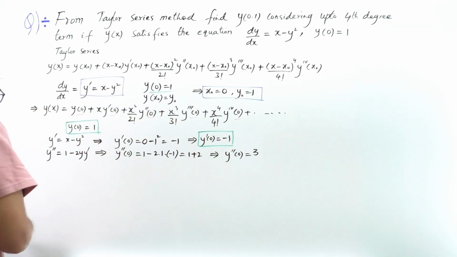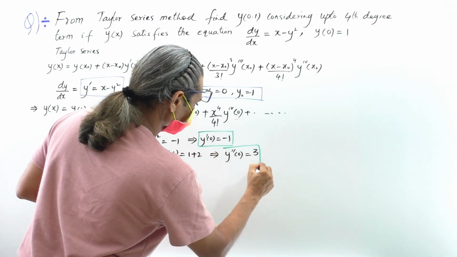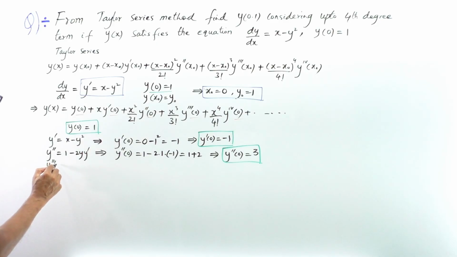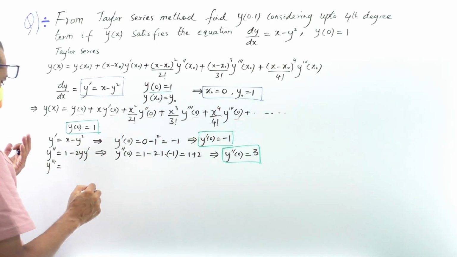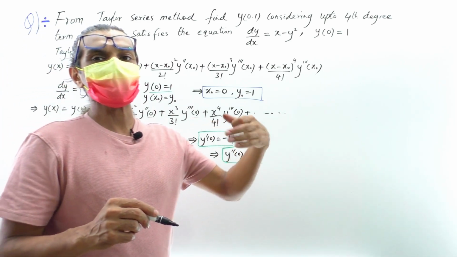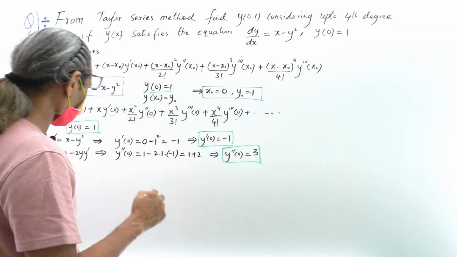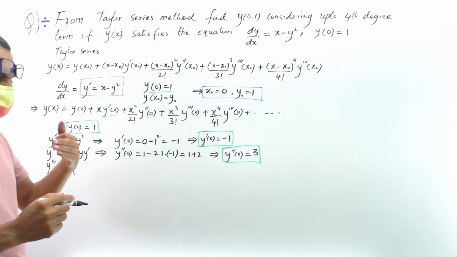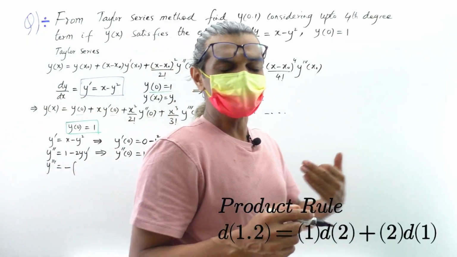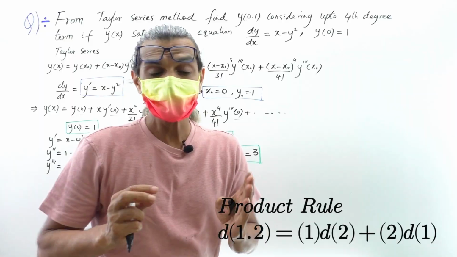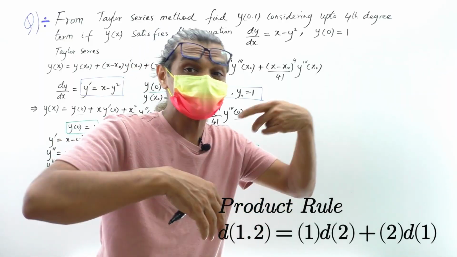Okay, so we have found y double dash. Underline this also. Fine. Next we will find y triple dash. So y triple dash will be equal to, derivative of 1 is 0. I take minus outside because when we are differentiating 2y into y dash, it becomes a product rule. So minus outside the bracket. The derivative of first into second function is: keep the first function as it is, differentiate the second function, plus keep the second function as it is and differentiate the first function.